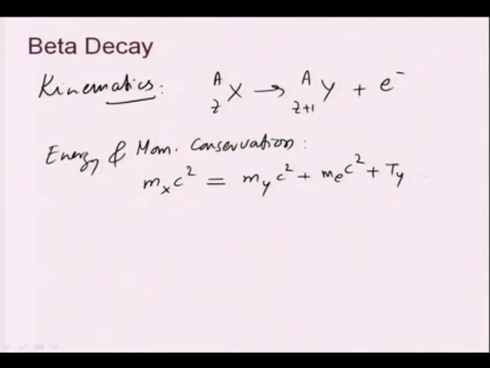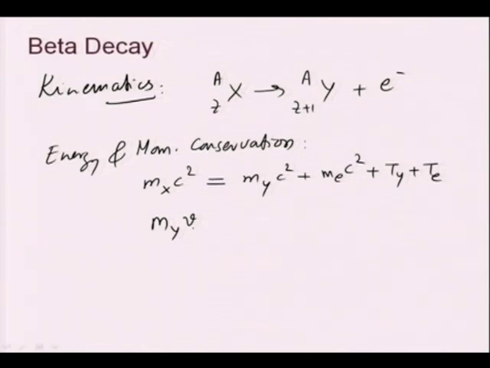Then you have the kinetic energy of y nucleus and kinetic energy of the electron. Let us denote those by T y and T e respectively.